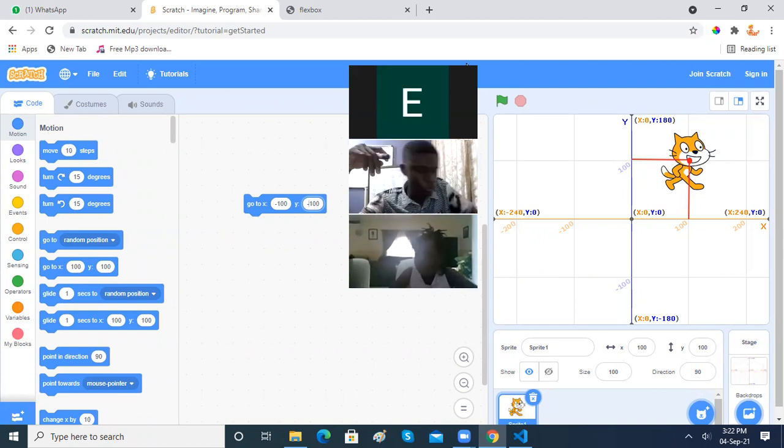Draw the graph, this graph, the X graph and the Y graph. The graph you see here, draw the same thing in your book.